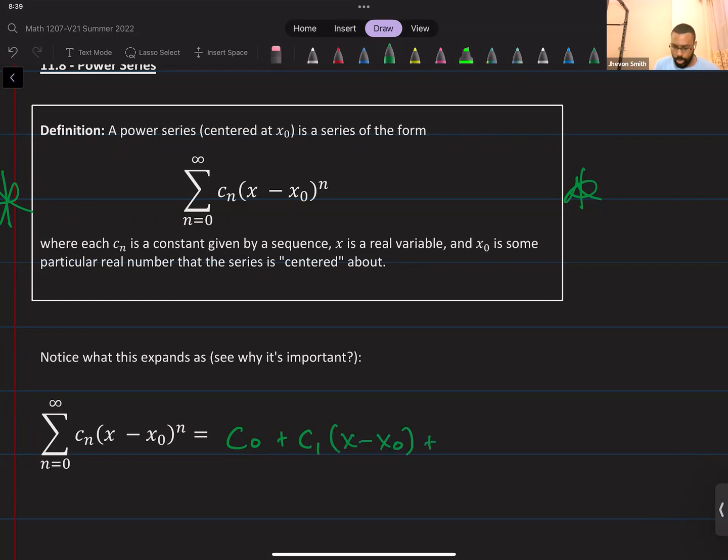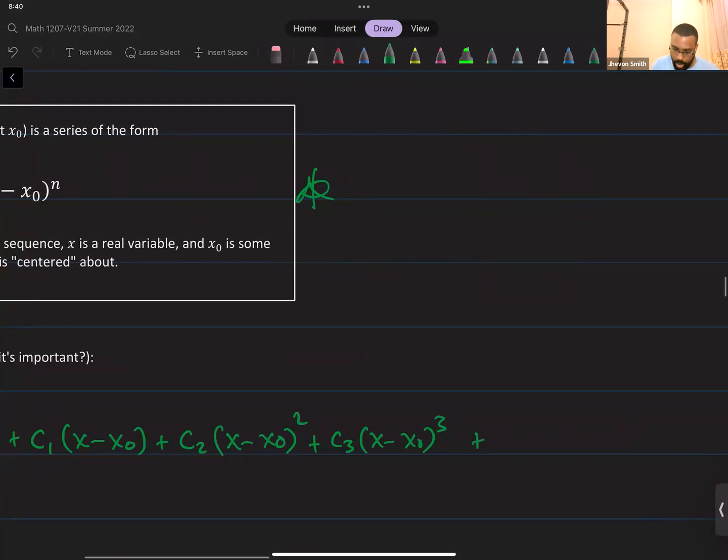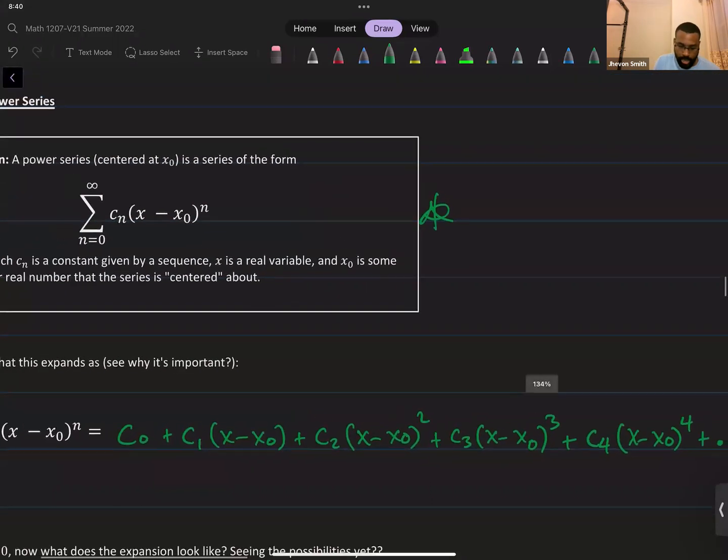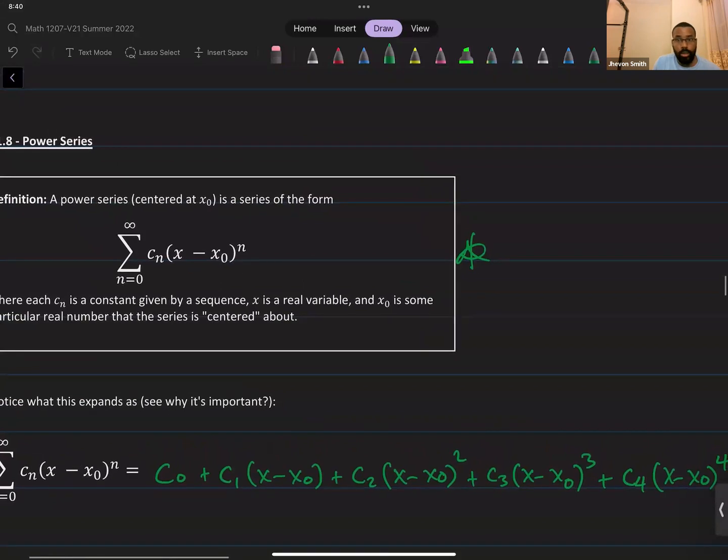Plug in n equals 2, it's C2 times x minus x naught to the second power. Plug in n equals 3, C3 times x minus x naught to the third power, and so on and so forth. So that's the kind of expression that we're looking at, and this goes on forever.